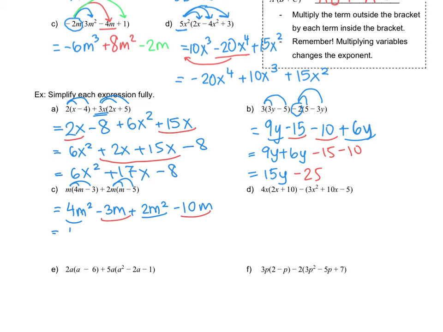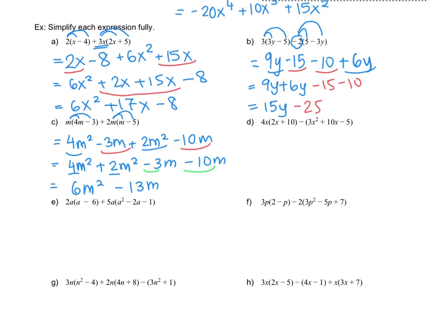So when you rearrange, 4m squared plus 2m squared, but here's the potential mistake part, negative 3m and negative 10m. So when I collect, 4 plus 2 is 6, but for the m's, negative 3 minus 10 should be negative 13m. If you wrote negative 7m, you probably just did 3 minus 10 and then just put the sign in. So be careful.